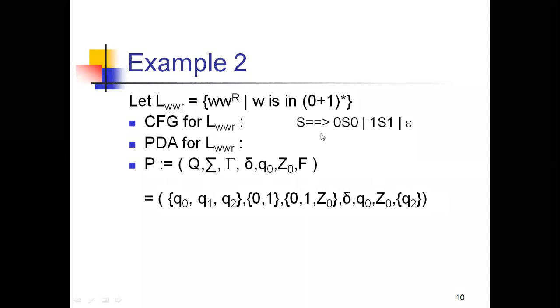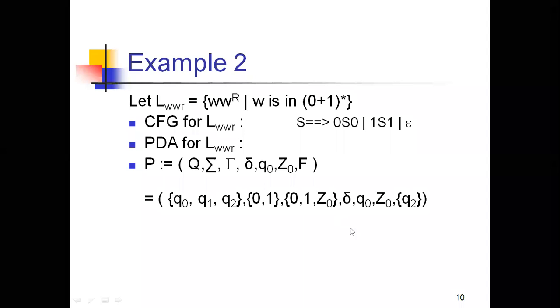That means the strings that are acceptable from the language and from the context free grammar, we define all these states along with the final state. So the final state is always a subset of Q, so q2 is a subset of Q. The stack alphabets are 0, 1 and z naught, and the input alphabets are 0 and 1.